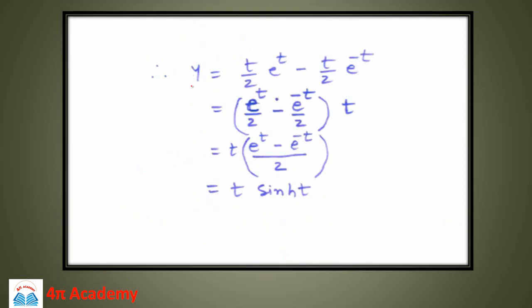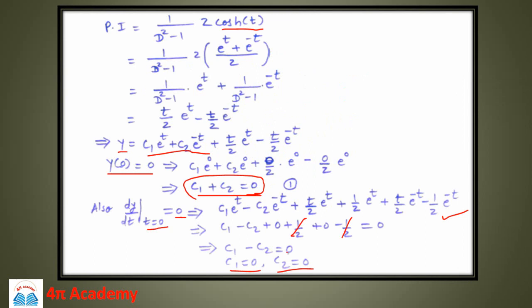Therefore this final solution y will be equal to t by 2 into e raised to power t minus t by 2 into e raised to power minus t, because c1 and c2 being 0, the complementary term will be 0.